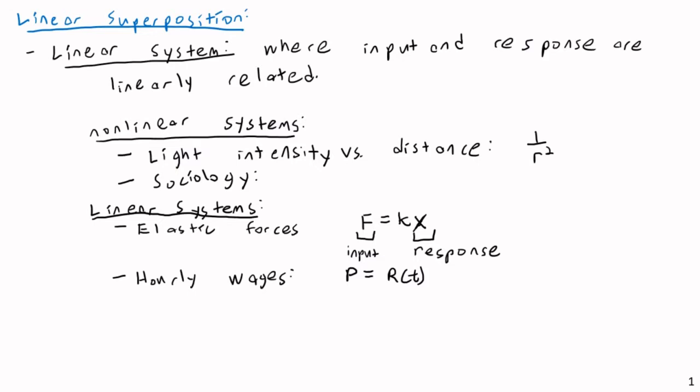And so why am I talking about this? Why is this important? Well, linear systems have an interesting property, and that is superposition. So linear systems allow superposition.